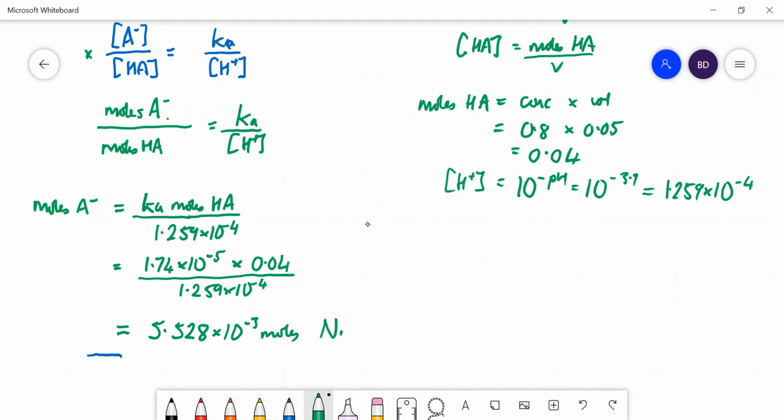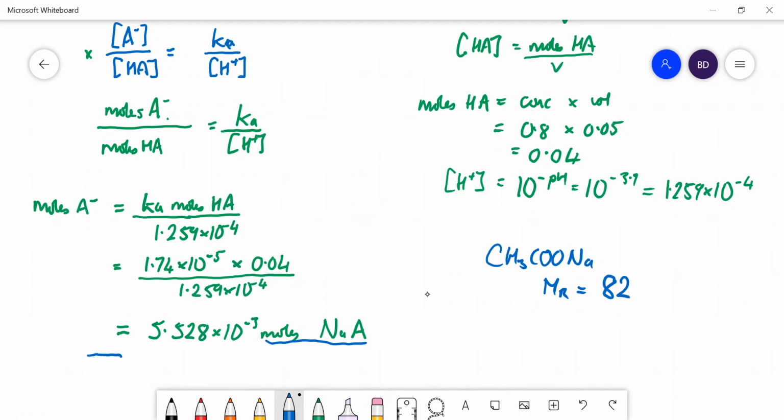Of sodium ethanoate. Now sodium ethanoate has the formula CH3COONa, so the Mr of that is equal to 82. Now we need to change this number of moles into mass, as it asks us to work out the mass.